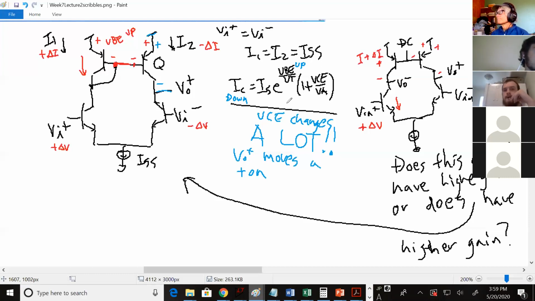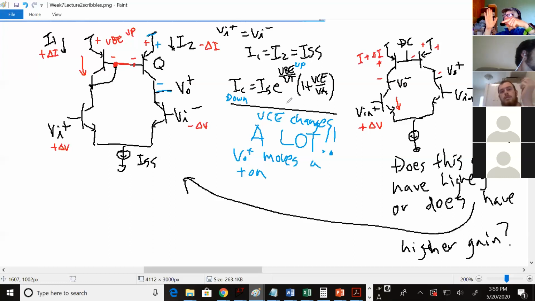This is in some of your sections, not in my section, I don't think, because I'm still discussing with other lab people, but there's a chip called the LM13700, and it uses this technique. If you've got less current going through a branch, it actually turns up VBE. So now VCE has to fight both the VBE change and the current change.